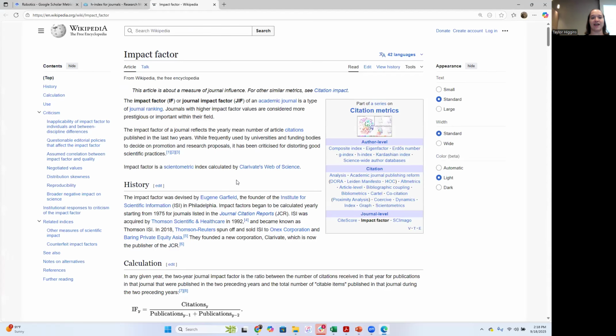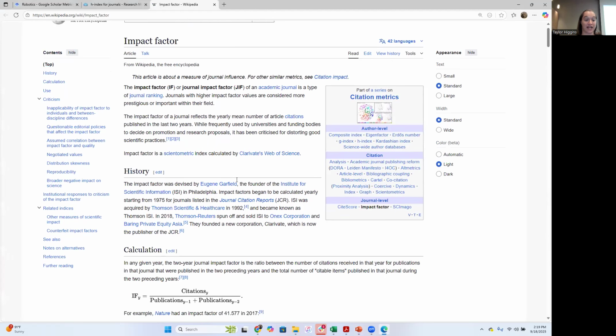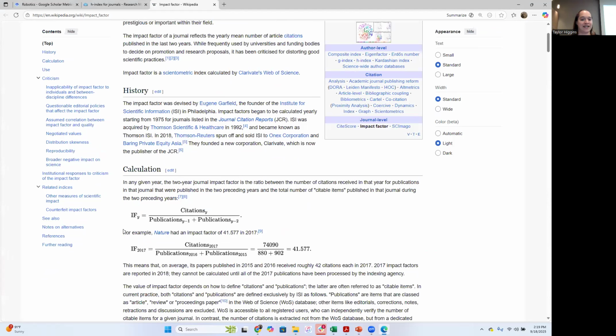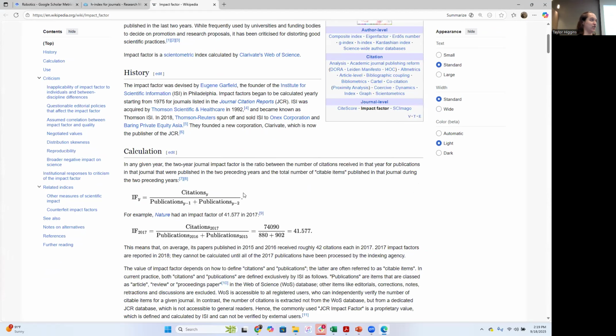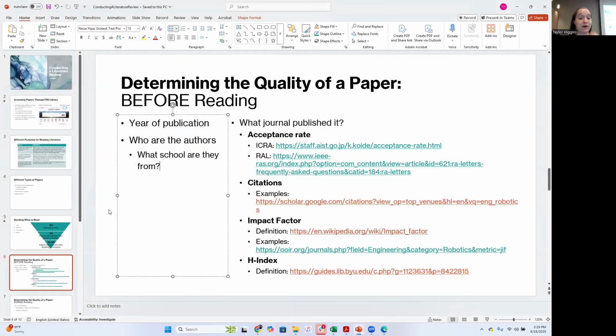It's not the same as the H index, but it is related. So again, number of citations over publications in the last 2 years, it's a metric, and you can find it for all of the journals for a particular area to determine the ranking of the quality of these journals, right? And you don't have to know anything about these areas of research to be able to determine which of these journals is better than another.